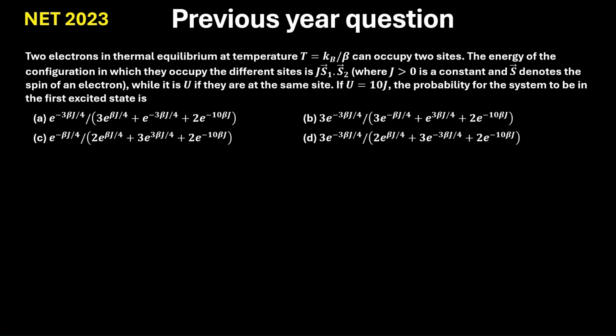So this question consists of two concepts. One is the partition function concept, and the other one is the addition of spin angular momentum concept. So there are two electrons and they are spin half particles.